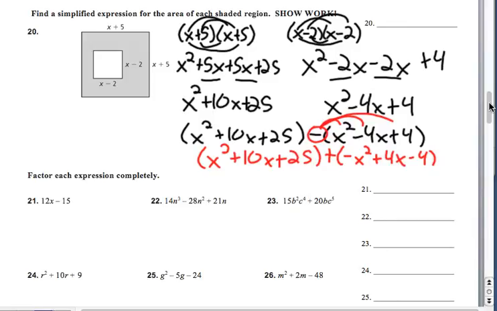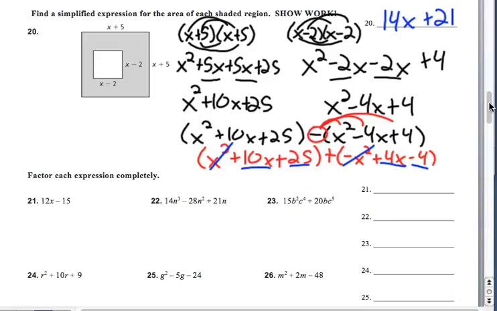So x squared minus x squared just cancels out. 10x plus 4x is 14x, then 25 minus 4 is 21. So again, the process behind this, find the area of both squares and then simply subtract the areas.